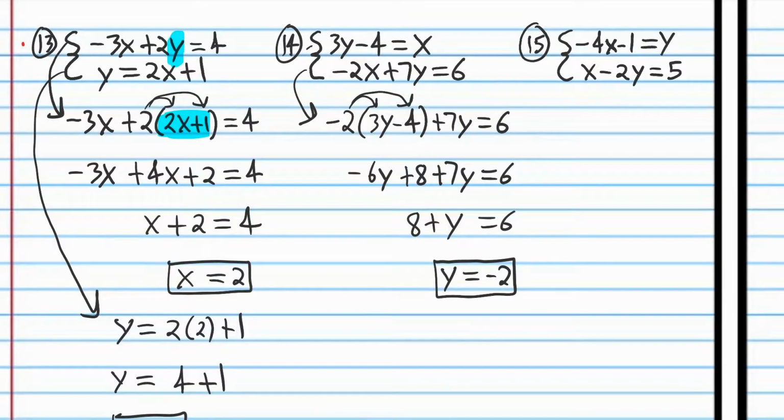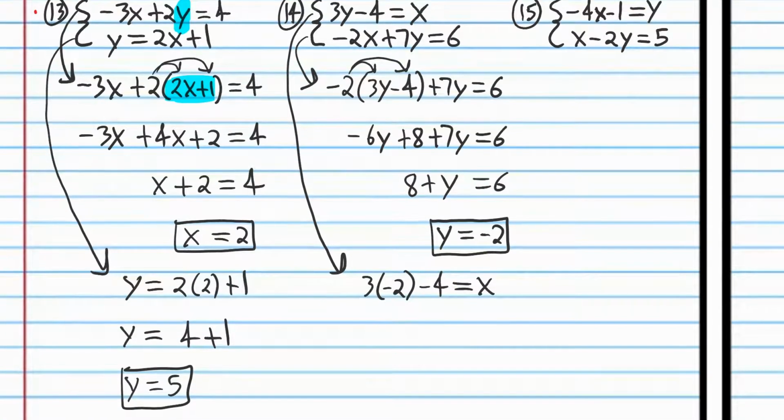So now we take the other equation, and we use that to find x. x is equal to 3 times y, but we know y is negative 2. And 3 times negative 2 is negative 6. Negative 6 minus 4 is negative 10.